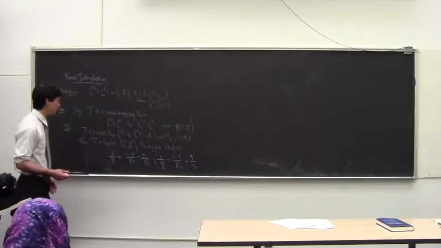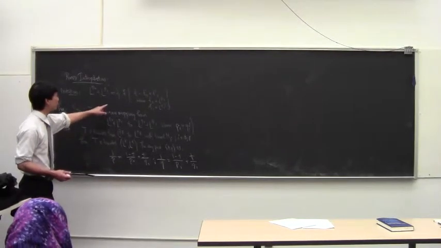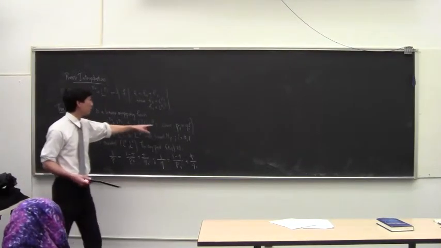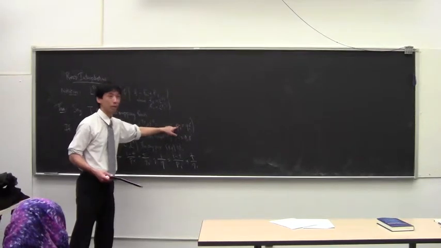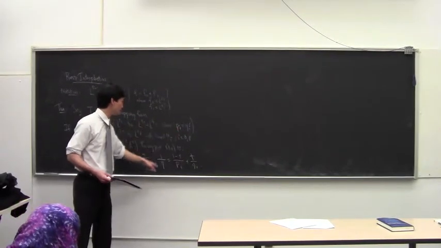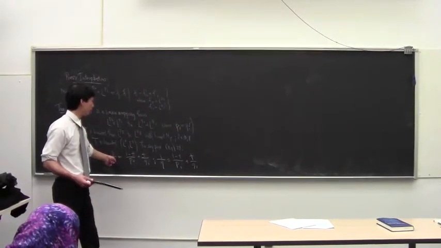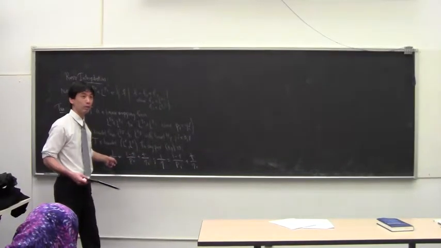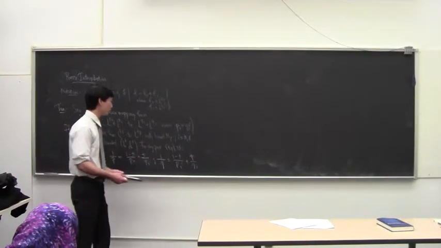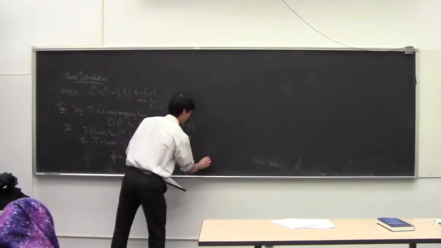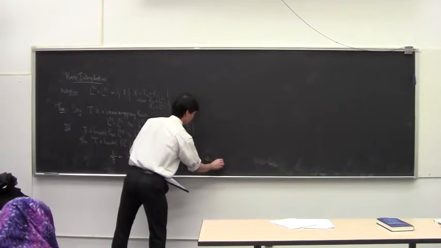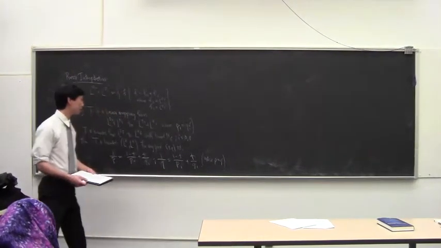And notice that we said P naught and Q naught were dual, P1 and Q1 were dual, and so P and Q are dual also. Notice that P and Q are dual.